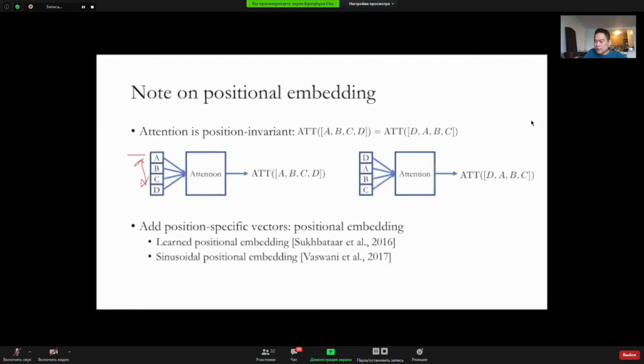However, by adding some position-specific vectors, 1, 2, 3, 4, suddenly the attention is going to become aware of the order and know how to use that information for computing the hidden state next time. There are many different ways to do so. You can either learn this positional embedding directly, or you can use a sinusoidal positional embedding that allows you to apply this attention mechanism to sequences longer than the ones used during training.